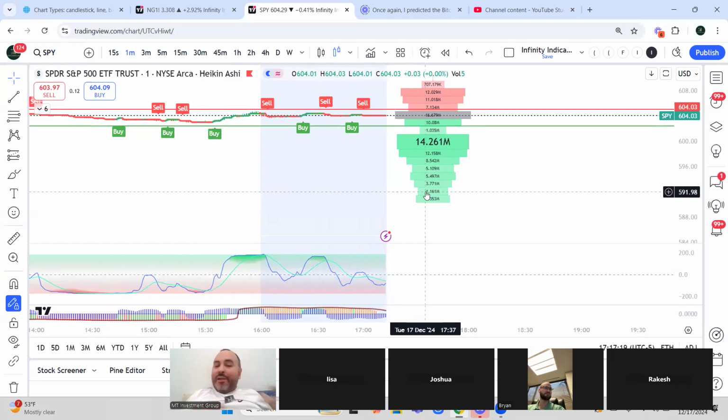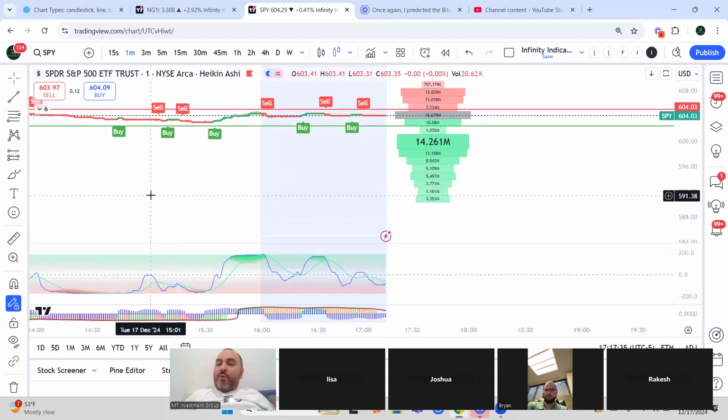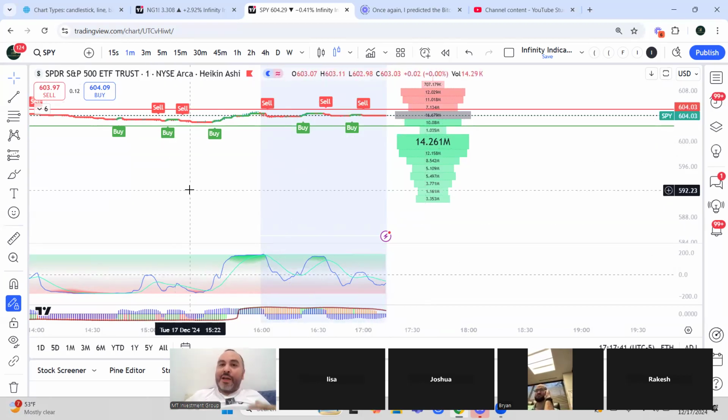Go back, and I highly suggest this, look at the performance of the indicator in the past. How did it perform yesterday, last month, last year, 6 months ago, 10 years ago? I tested this indicator going back 10 years on the daily chart for the Infinity indicator. That's how I got that 90% number, by the way.